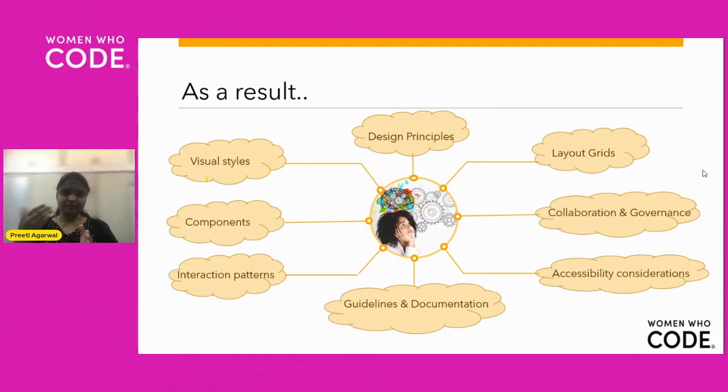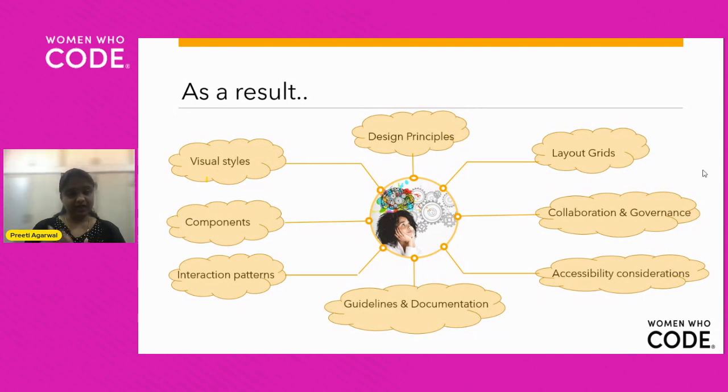Now when they went a little more deep, they thought, okay, interaction patterns are also one more thing which we need to take care of. And what are interaction patterns? It is just how the users interact with the product, how the animations and transitions and micro interactions go into the product as we navigate into the product. So yeah, interaction patterns became one of their elements.